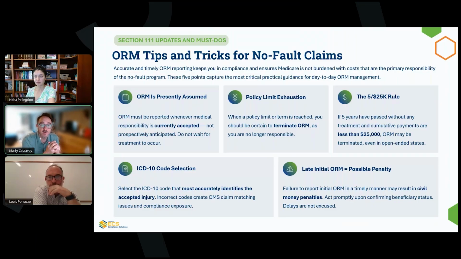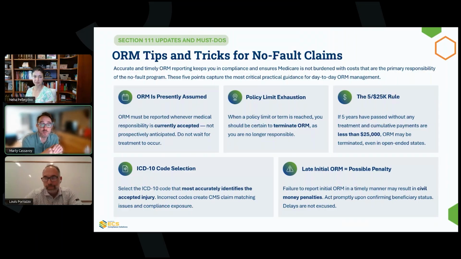Now, in no-fault situations, once you have reached a policy limit, let's say you've got a $10,000 no-fault coverage, once you've hit that $10,000 in payments for that person and you're no longer responsible, report ORM termination. You also should report the policy limit amount. Oftentimes your system will automatically take care of some of those things, but once your policy limit is reached, you need to report ORM termination.